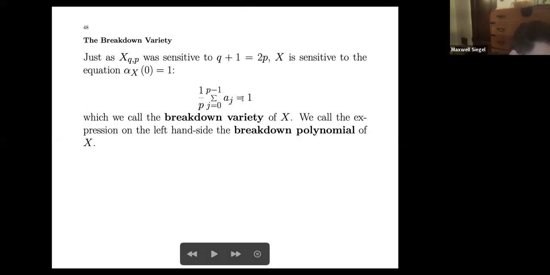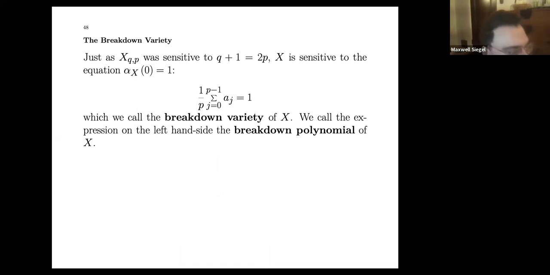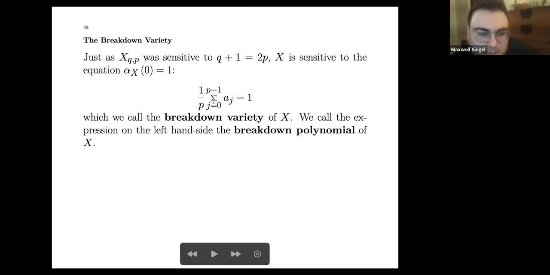One of the themes of my research is that rather than focusing on a single Collatz-type map, I want to focus on families of them. A simple example is the shortened qx plus 1 maps. In that case, we get (q+1)/2p is the variety. p is fixed if we want. Actually, in this case, p ends up being equal to 2. But here, what this says is that as long as we treat the A_j's as indeterminates, we then get the following equation, which is an honest-to-goodness algebraic variety.